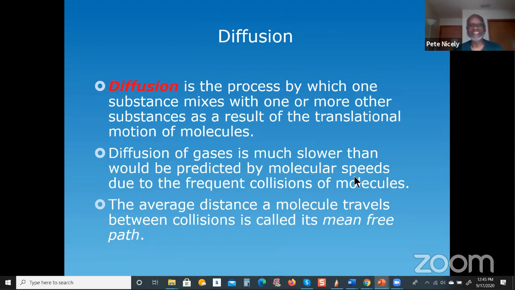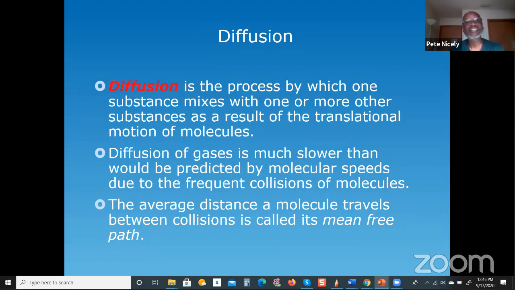The reason is the frequent collisions between the molecules of the substance that is spreading through and the other molecules. So the equation I showed you, root mean squared speed is equal to the square root of 3RT over m, would not serve as a useful model for describing diffusion as a process.